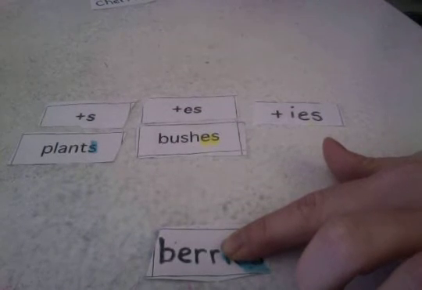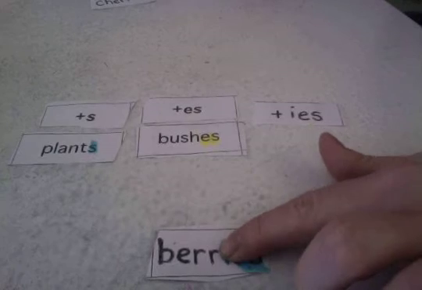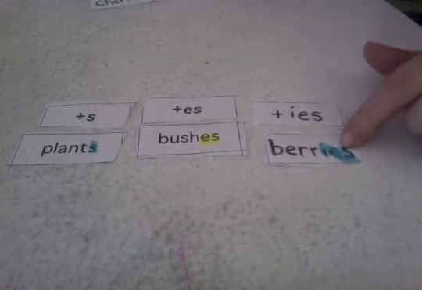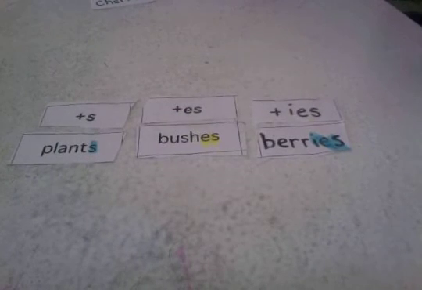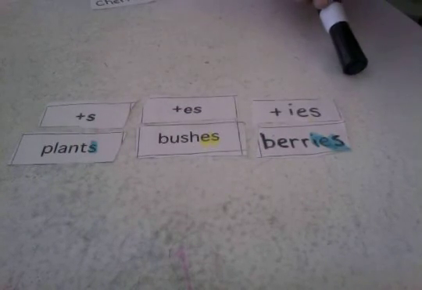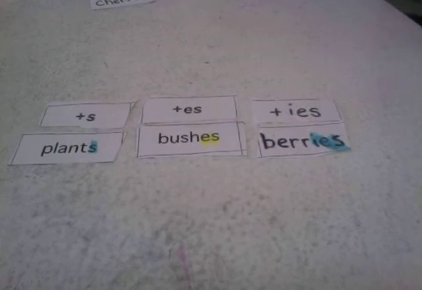It ends in a Y. So we dropped that Y to add IES. So berries is going to go into our plus IES column. So you need to be thinking about what the singular version is of your word and what the plural version is of your word and what rule it follows. Finish the rest of your sort and come back to check your work.